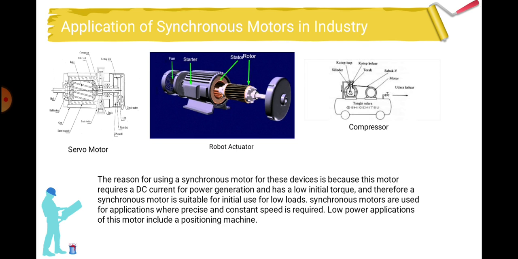The reason for using a synchronous motor in these devices is because the motor requires a DC current for the power generator and has a low initial torque, and therefore a synchronous motor is suitable for initial use under load. Synchronous motors are used for applications where predictable and constant speed is required. Low power applications of this motor include positioning machines.